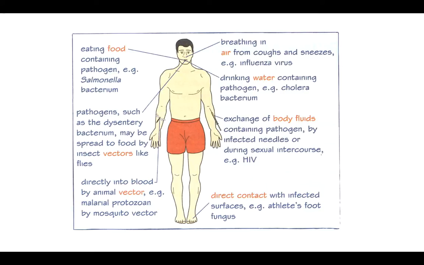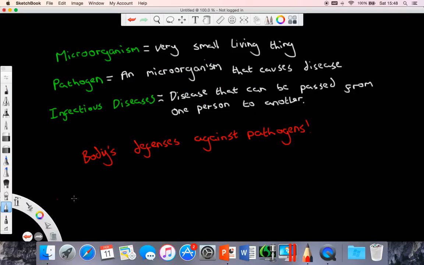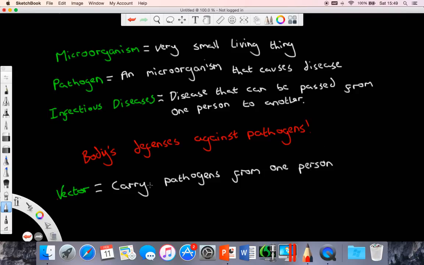Okay? Other pathogens, such as dysentery, can be spread by things known as vectors. Now, vectors, if we just put this down as a keyword, a vector is not a pathogen in its own right. They carry pathogens from one person to another.